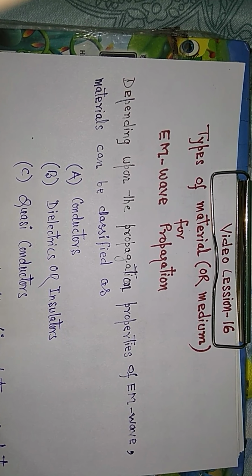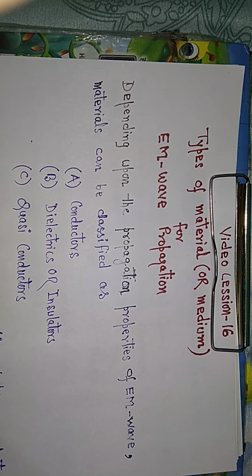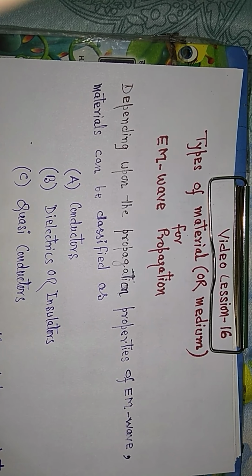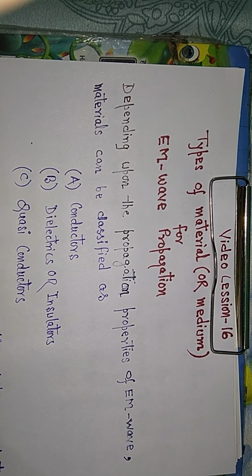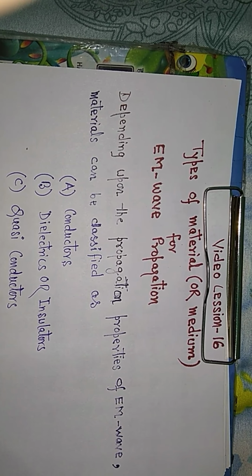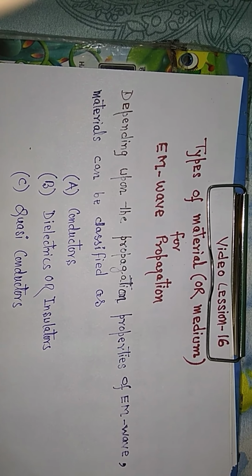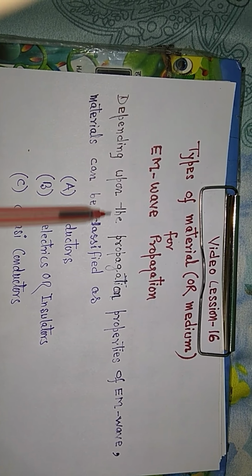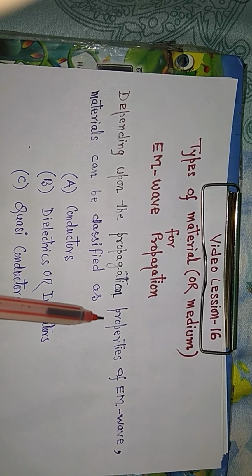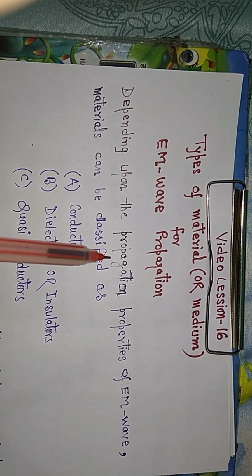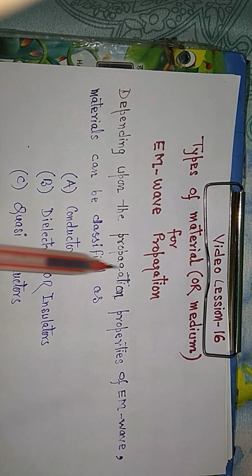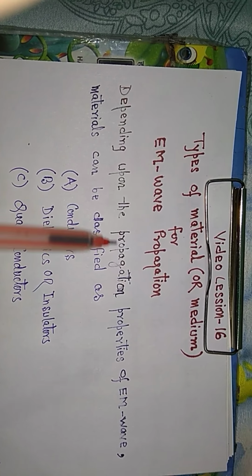Now how can we classify the medium as per the propagation properties of the electromagnetic wave? Let's discuss this issue in this video lesson. Propagation properties are the speed, the refractive index, the impedance, energy dissipation, and things like that.